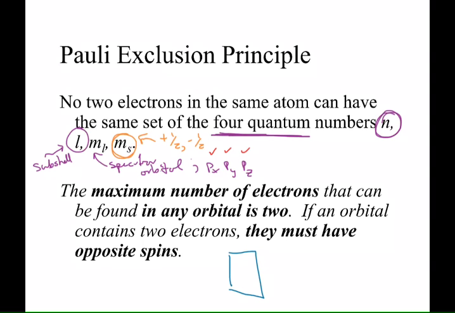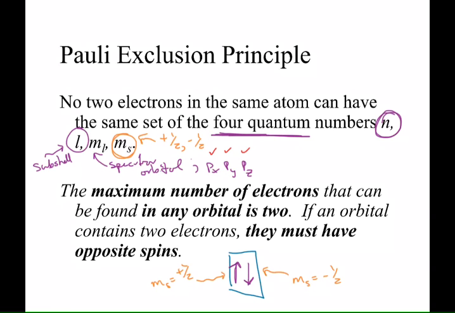I can only put 2 electrons in it. And if I put 2 electrons, I need to show them one pointed up and one pointed down. So finally, this would be our M sub S is equal to plus 1/2, and this is our M sub S is equal to minus 1/2. That's all it is.